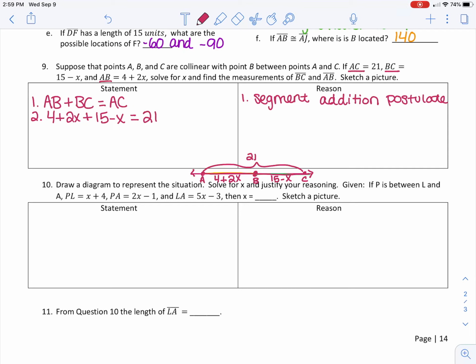So what I just did was I subbed in what I knew all of these line segments were equal to. The reasoning I can do that is by substitution.